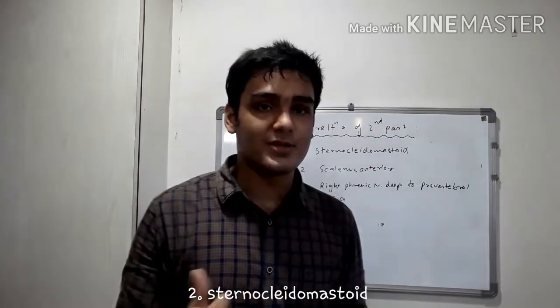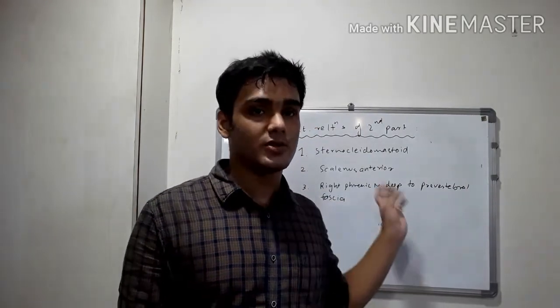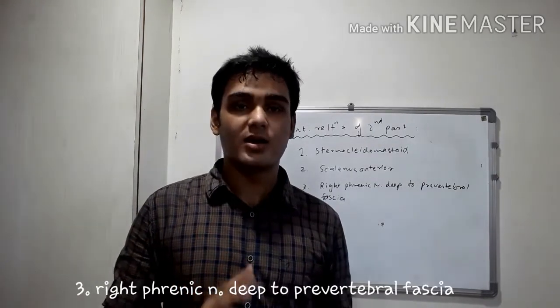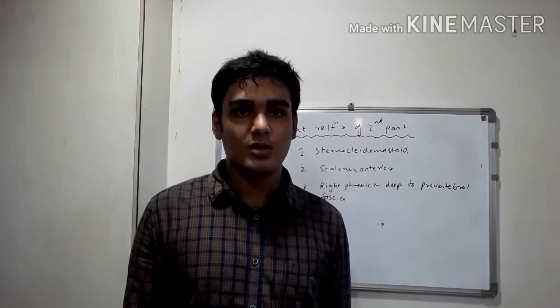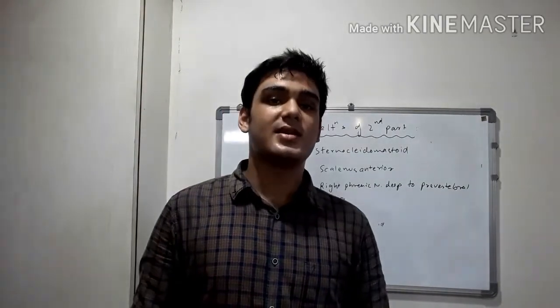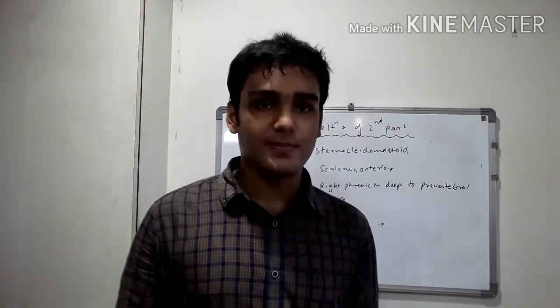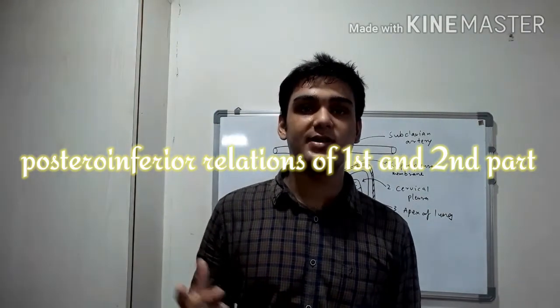Now see that the sternocleidomastoid comes under the anterior relations of all three parts, so it's here also. And the third one is the right phrenic nerve, which lies deep to the prevertebral fascia, a modification of deep cervical fascia. So summing up, we have three things: the scalenus anterior muscle, the sternocleidomastoid, and the right phrenic nerve, deep to the prevertebral fascia.